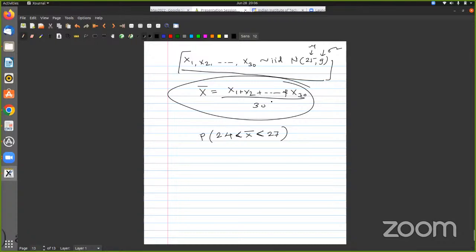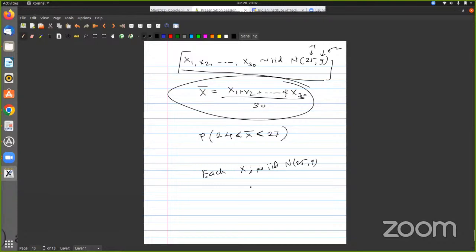Okay. So the first one is x1, x2, up to x30. The population is up to x30 and the sample is also x30? No, the population is different. Population means each xi, each sample is coming from that normal distribution.